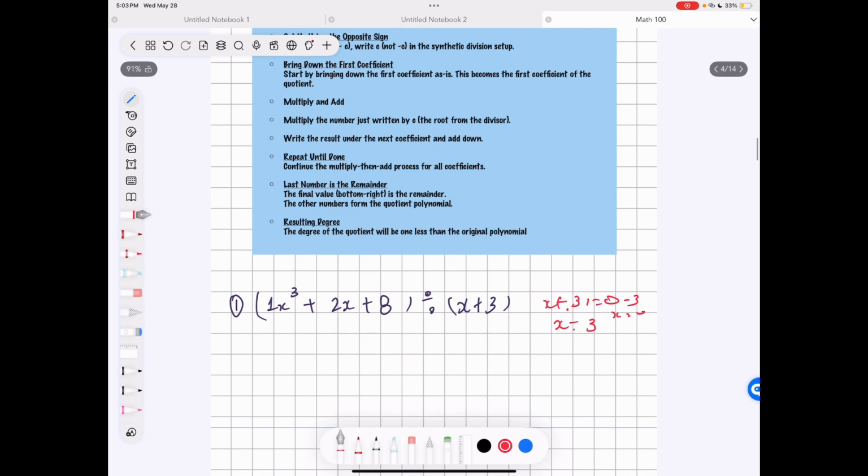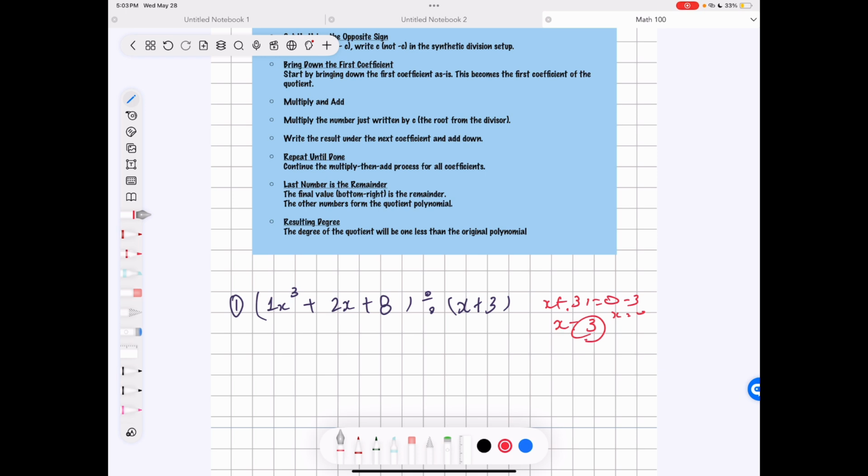And then we are going to bring down our first coefficient, and then we're going to multiply it with the first coefficient, and then we're going to add whatever number we get. So we're going to repeat this process until we are done with all the coefficients.